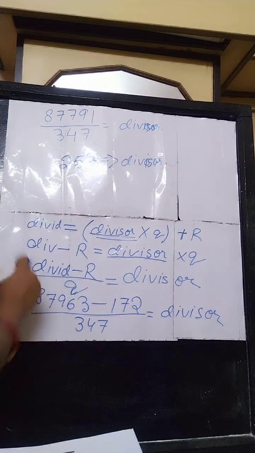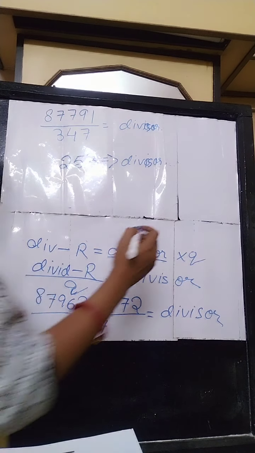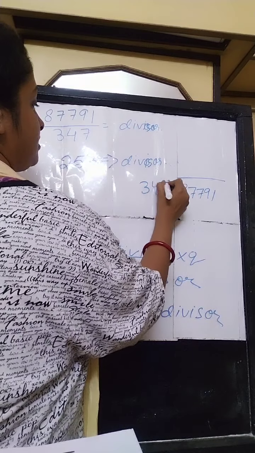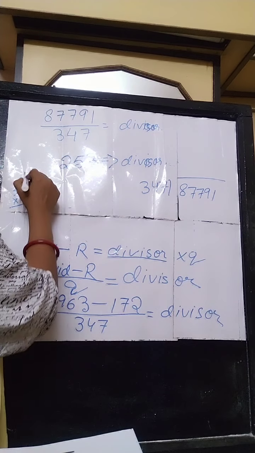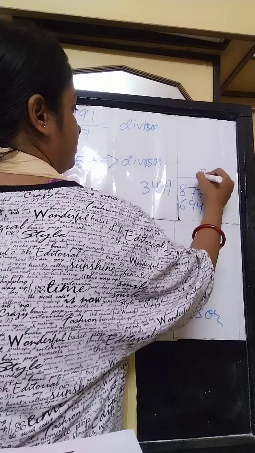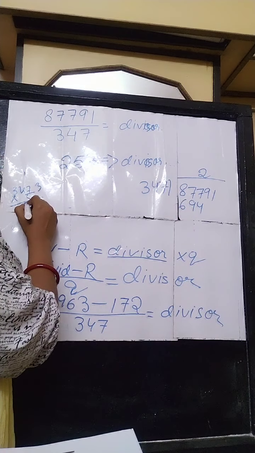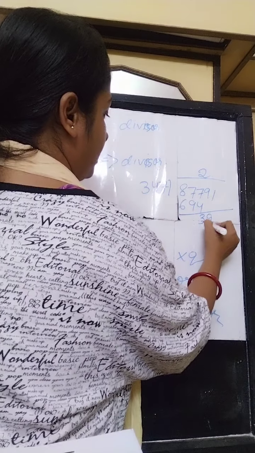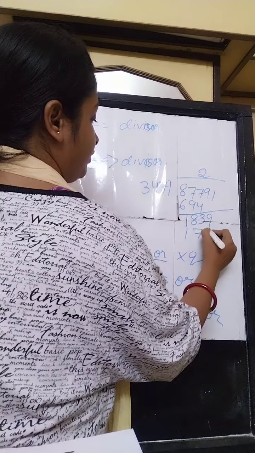You have to do this division and show this division. If you do it in the rough work, do it just in front so that the division is visible. 87791 divided by 347. 347 into 2 gives you 694. Then 347 into 5 gives 1735.